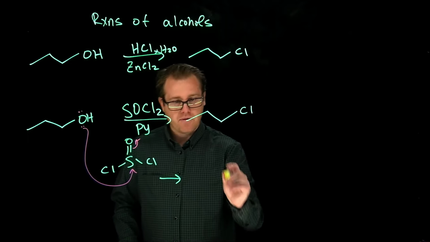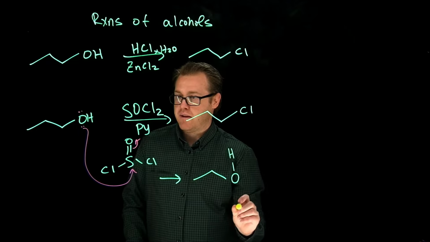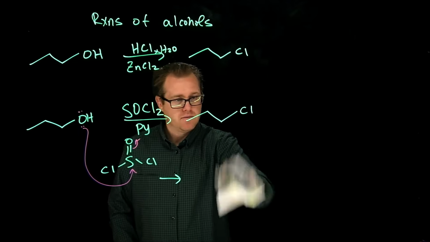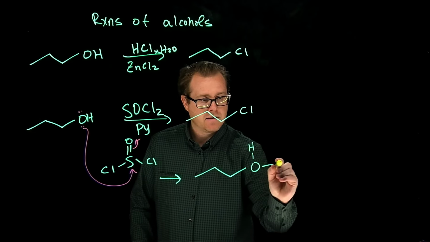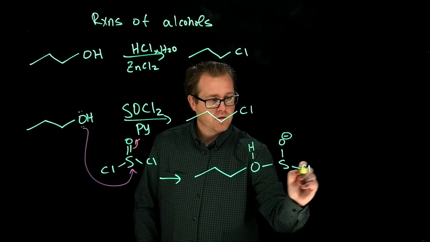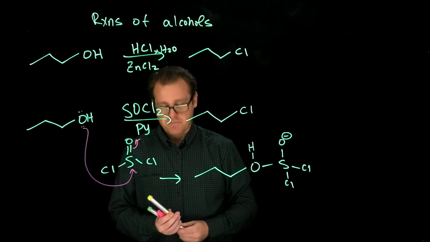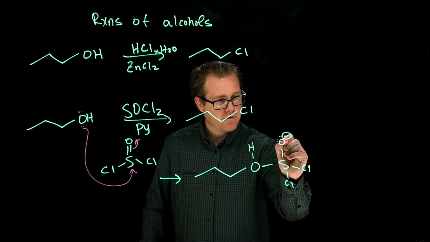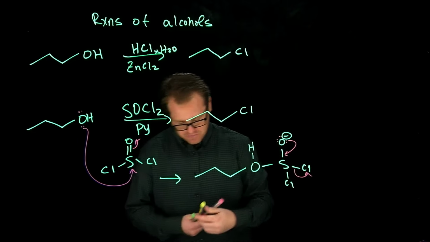So what's that going to make for us? We'll draw the hydrogen that way this time. I'm missing a carbon. Like that. Sulfur, O minus, chlorine, chlorine. So that's going to collapse down. So we have 3 lone pairs there. That's going to collapse down and kick off one of the chlorines.